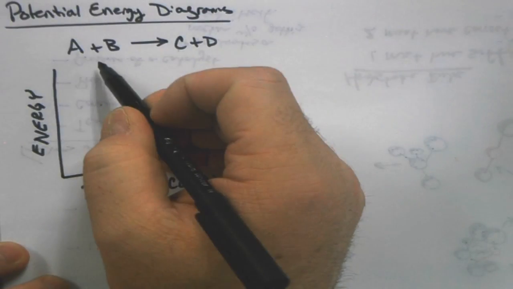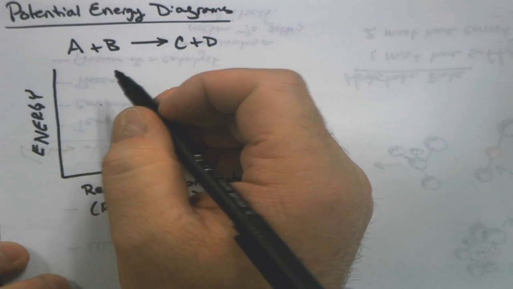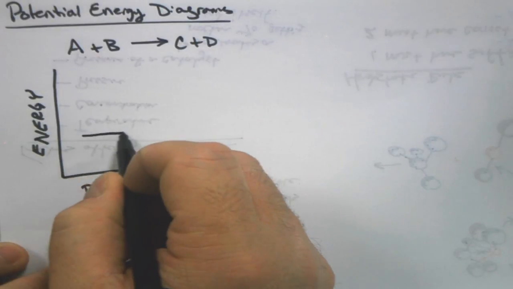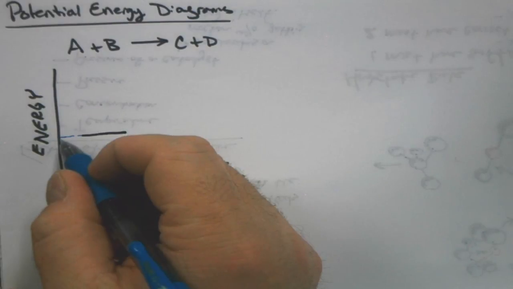The reactants, the chemical bonds within the reactants have a certain amount of energy stored in them. And that amount, we're going to put it right there, and it's equal to this value right here. And this is HF for the reactants.